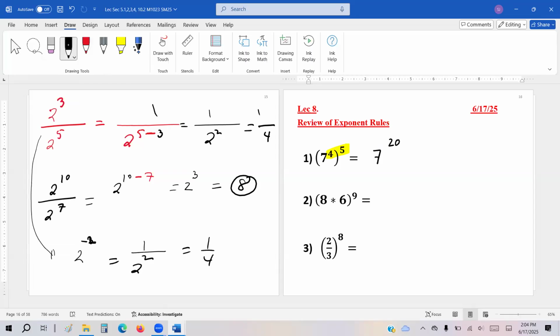How about the next one? We have more things on the base, so we distribute the power to everything on the base. So 8 to the 9 times 6 to the 9.